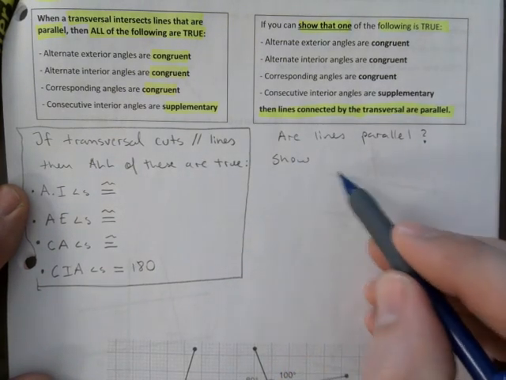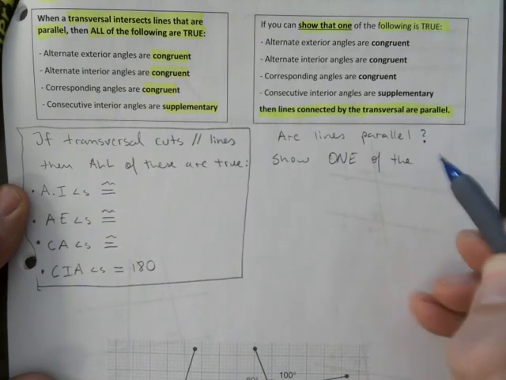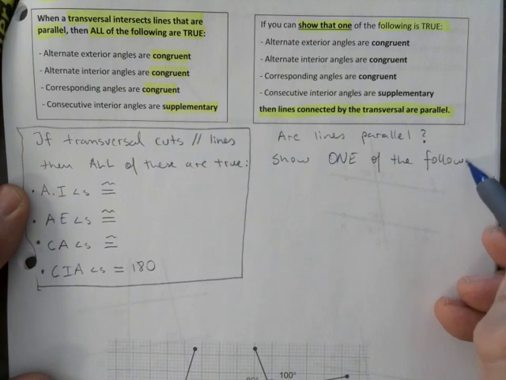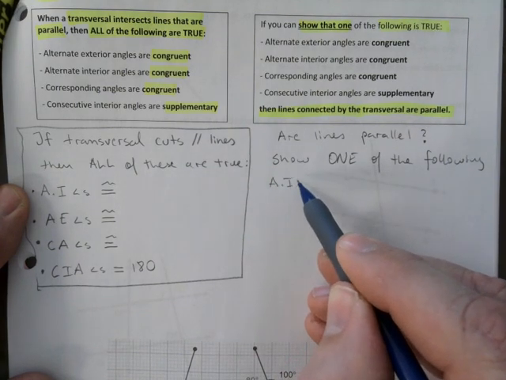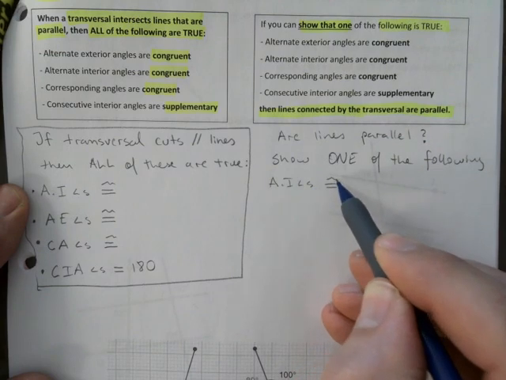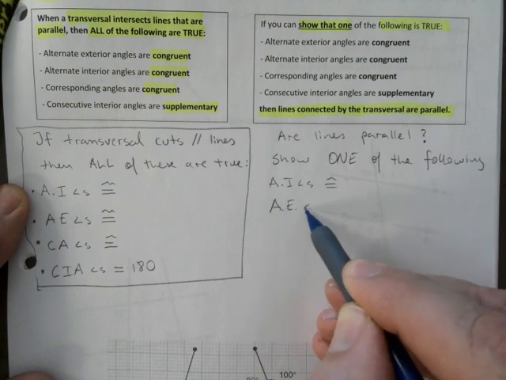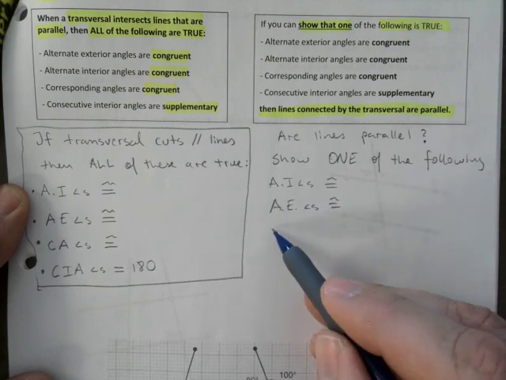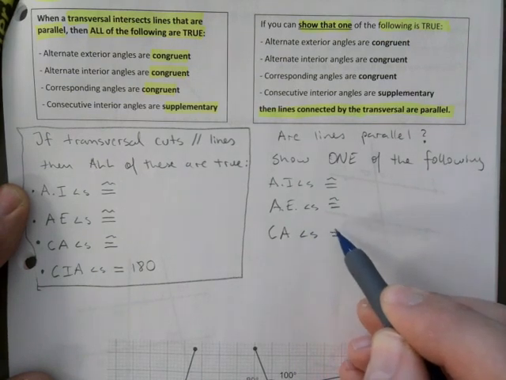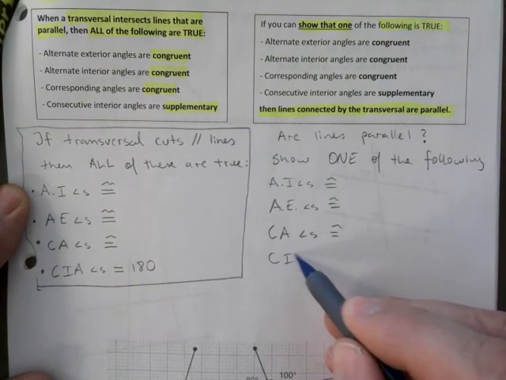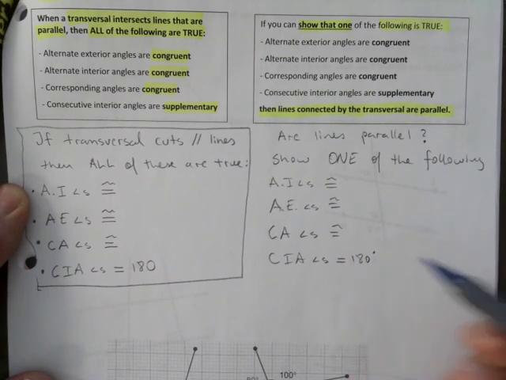Show one of the following. That alternate interior angles are congruent. Alternate exterior angles are congruent. Corresponding angles are congruent, or that the CIAs are equal to 180.